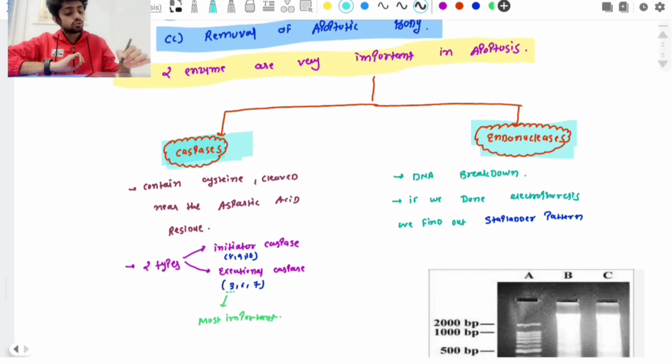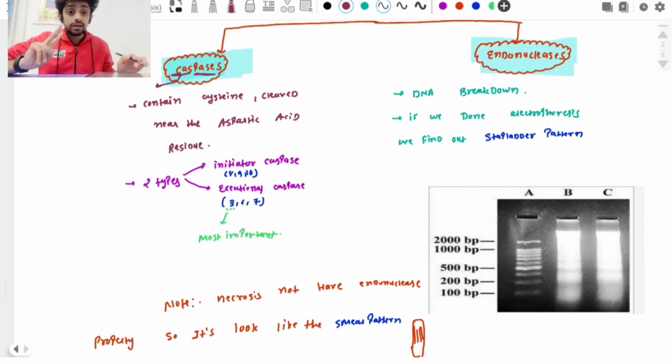So what is the meaning of caspases? As per the name, cas means it contains cysteine, and it cleaves aspartic acid residues. Remember this, caspase.